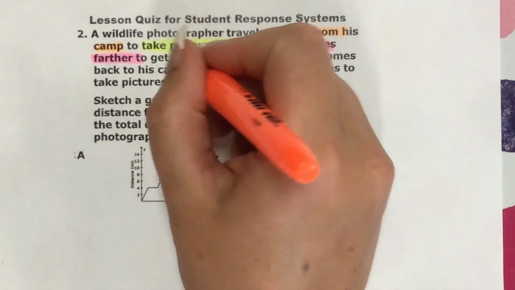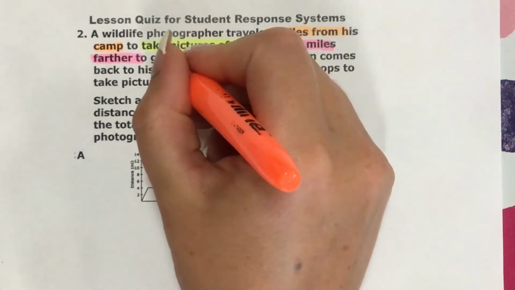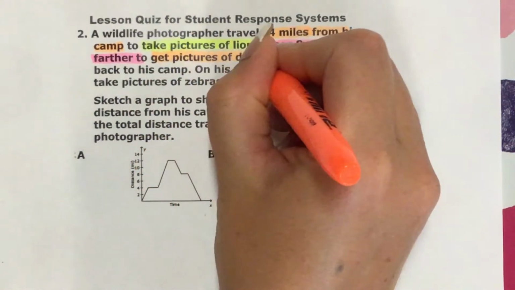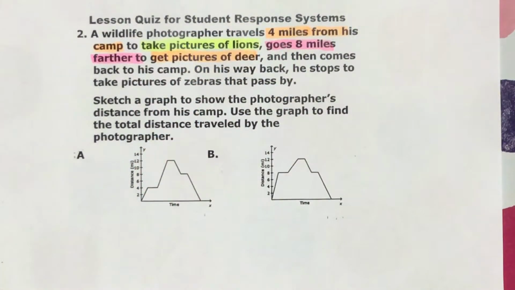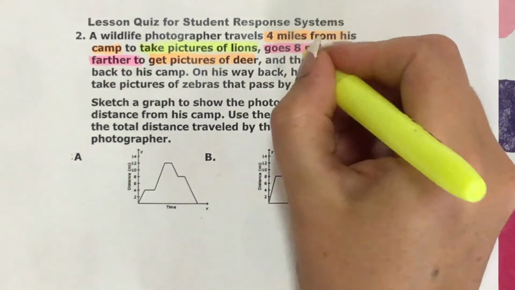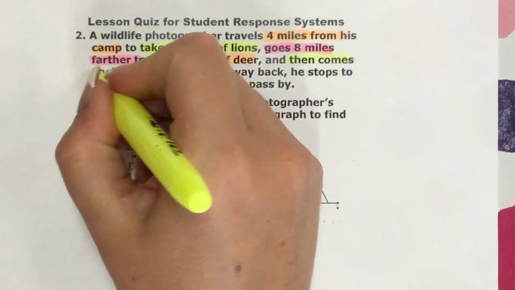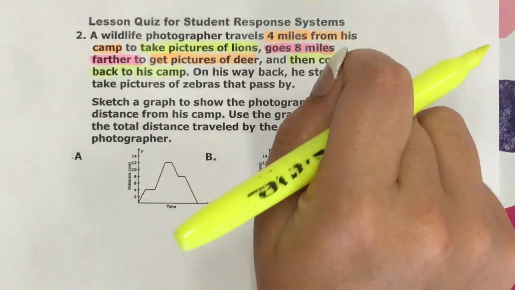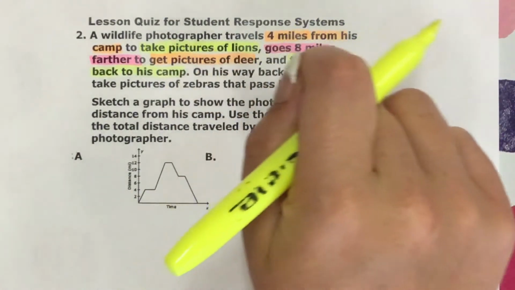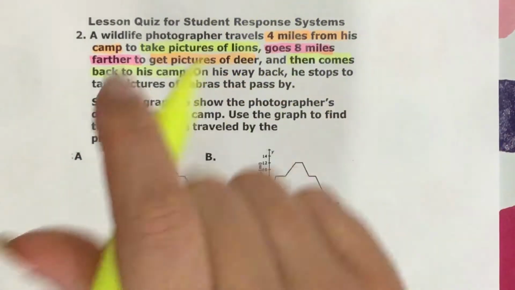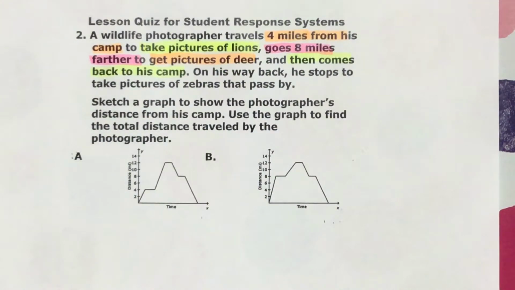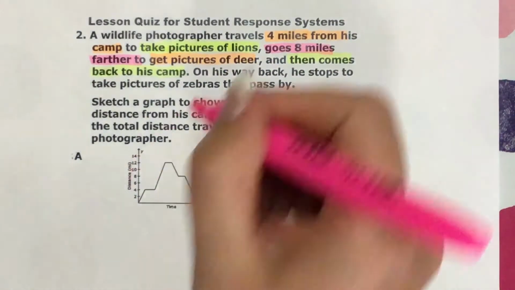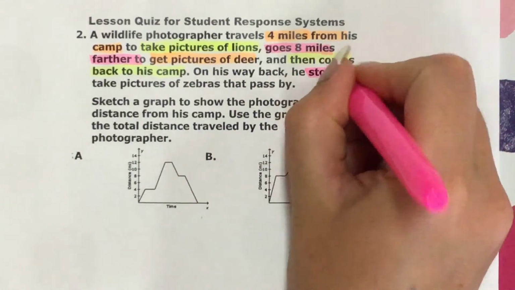So this just shows another change. Get pictures of deer, so they're stopping there. And then comes back to camp. So that shows a change. On his way back, he stops to take pictures of zebras as they pass. So as they're taking pictures, again, they would be stopping once again.